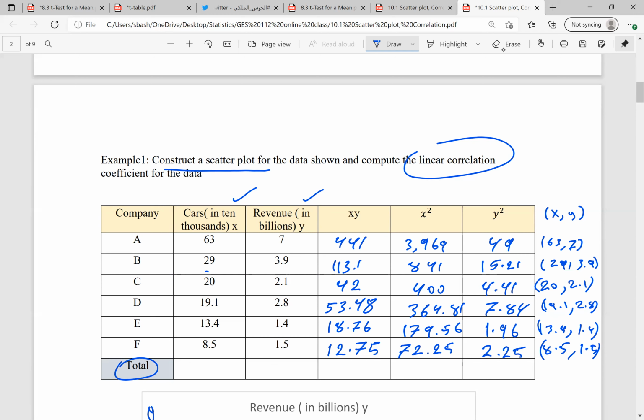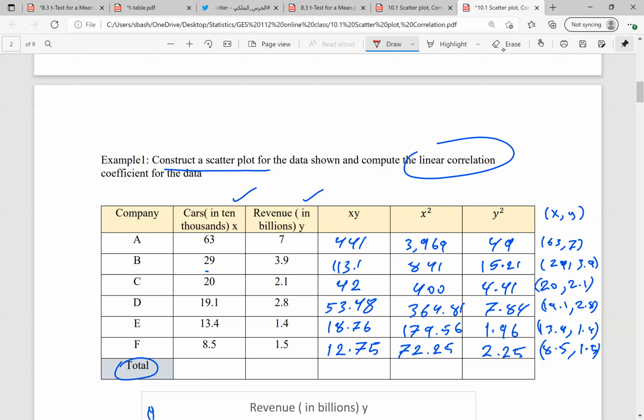Now we need to find the total for each one. Sigma of x, that will be 63 plus 29 plus 20 plus 19.1 plus 13.4 plus 8.5.